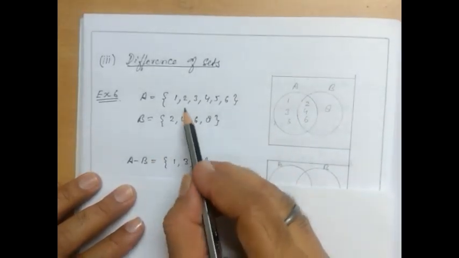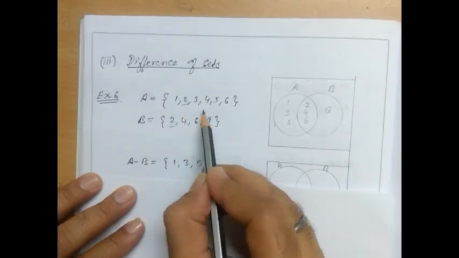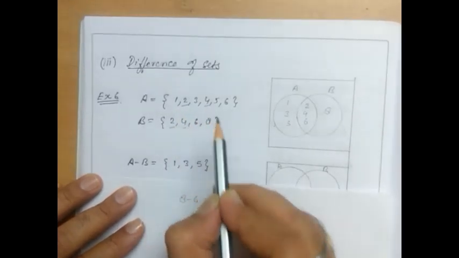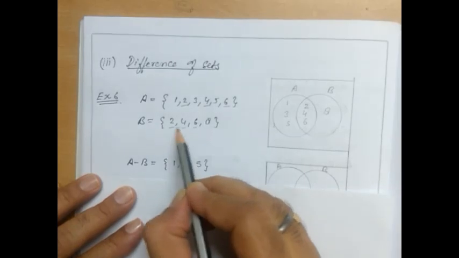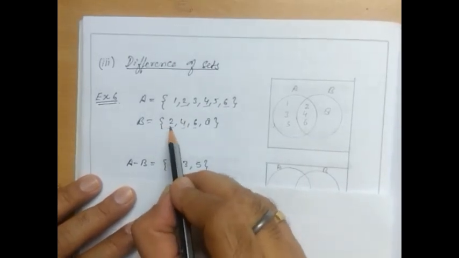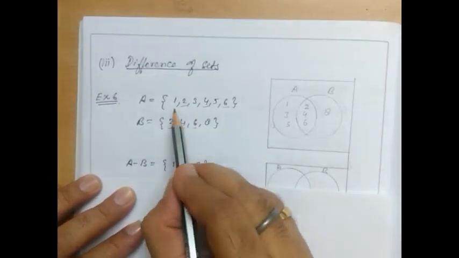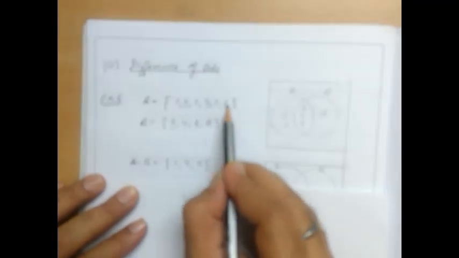If you see carefully, here we have 2 common, 4 common, 6 common. That means B has the elements 2, 4 and 6 and A has 1, 2, 3, 4, 5, 6.